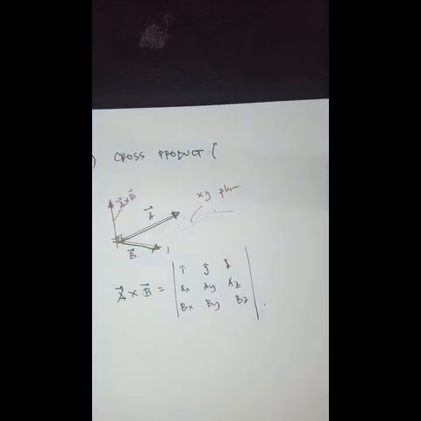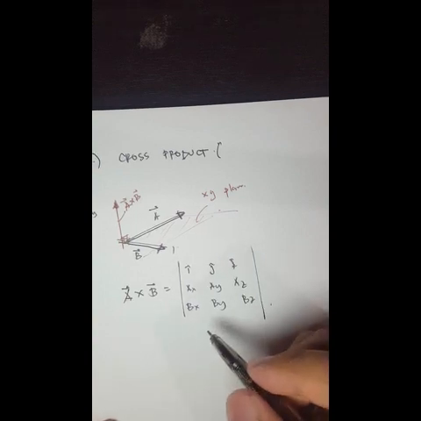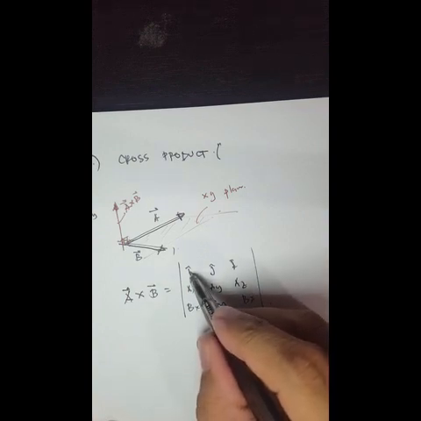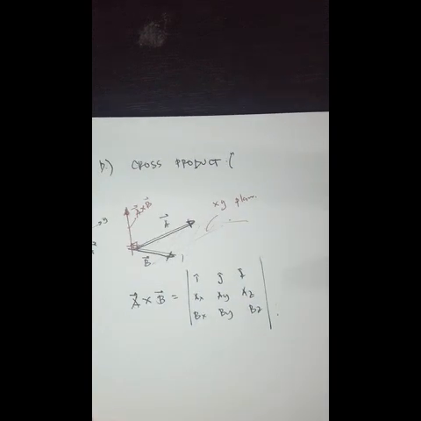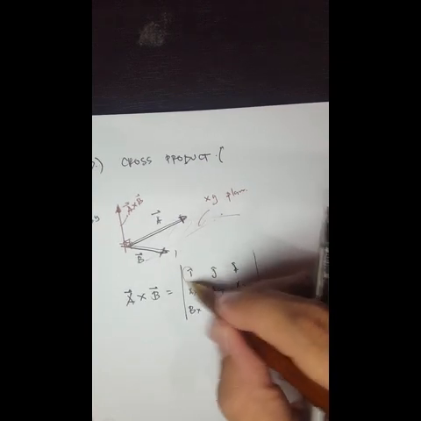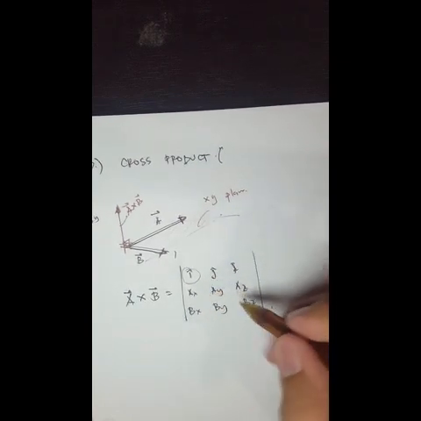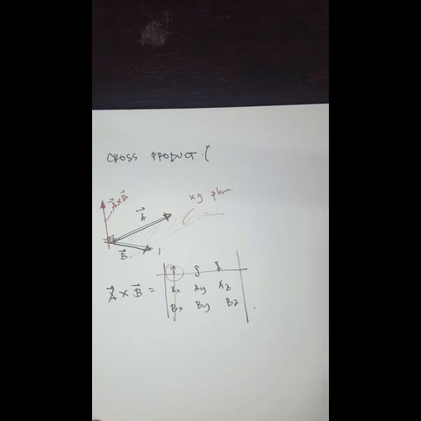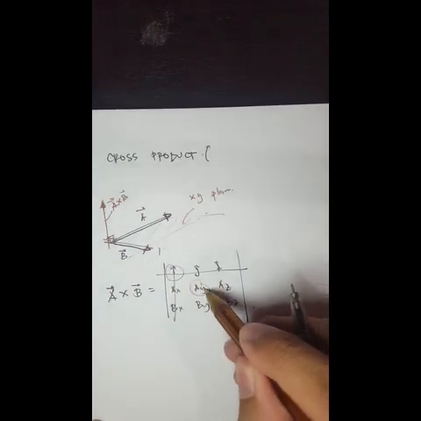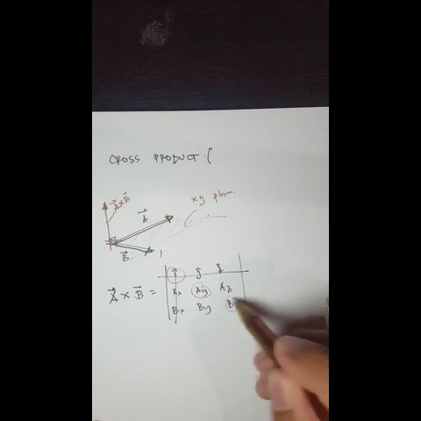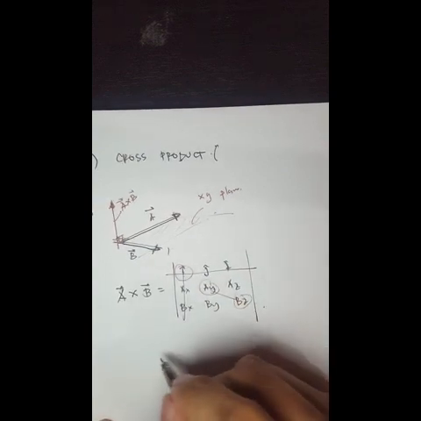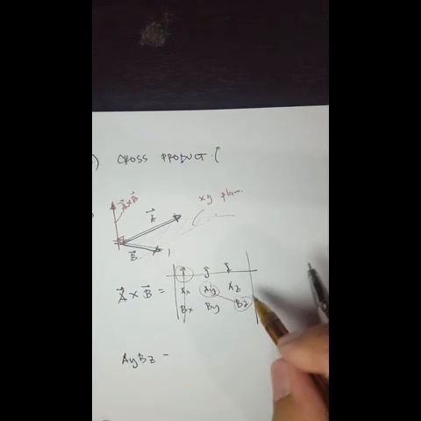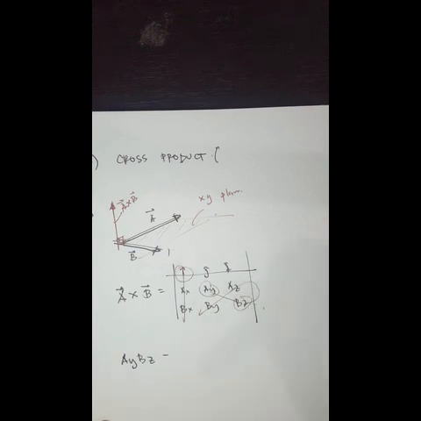How do we solve this value? For example, to solve for the i component, we start with AY multiplied by BZ, minus AZ times BY.